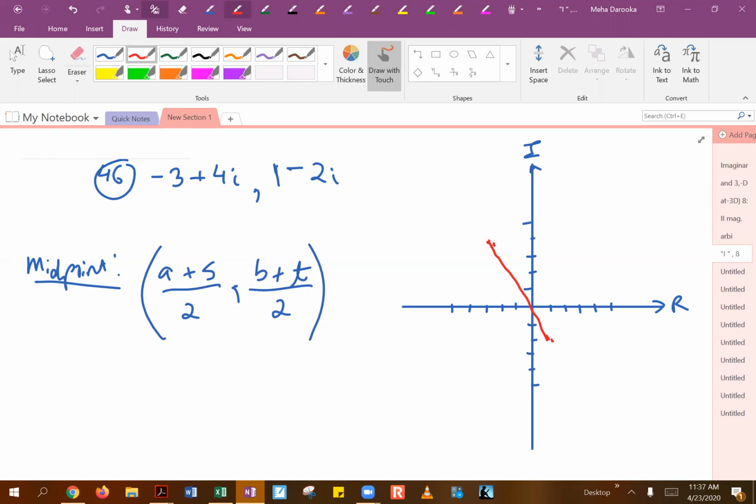Basically, if these were our line segments and the ends were our two complex numbers, you're basically trying to find what the midpoint for this line would be.